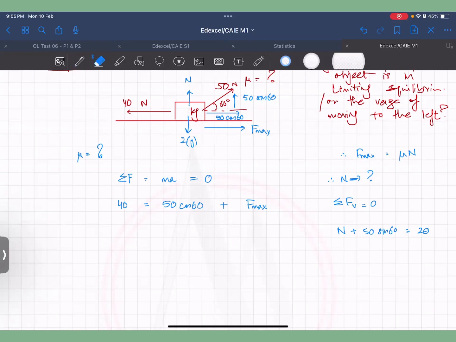I have to increase the mass. Let's say the weight would be 4g. So the downward force is 4 times g, and the normal contact force would be 40 minus 50 sin 60.